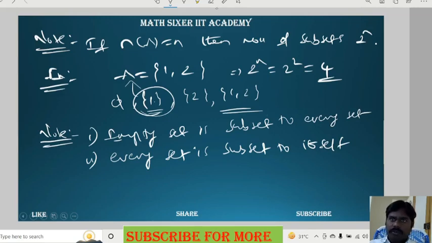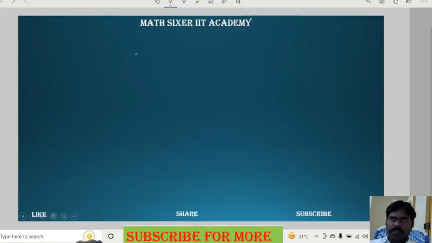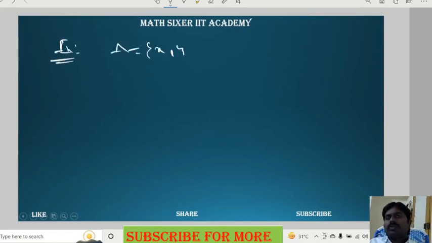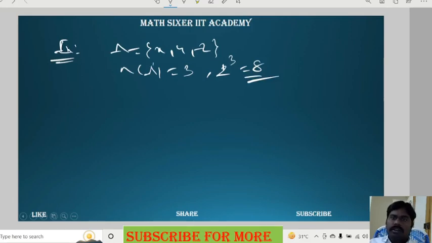So here we will see one more example. Suppose A = {x, y, z}. So here the cardinality of A is equal to 3, so the number of subsets of this set is 2 power 3, which equals 8. Now we will list out all the subsets of this set A. First of all, as I told you earlier, phi, the empty set, is a subset of every set, so phi. Next the singleton sets: x, y, and z.